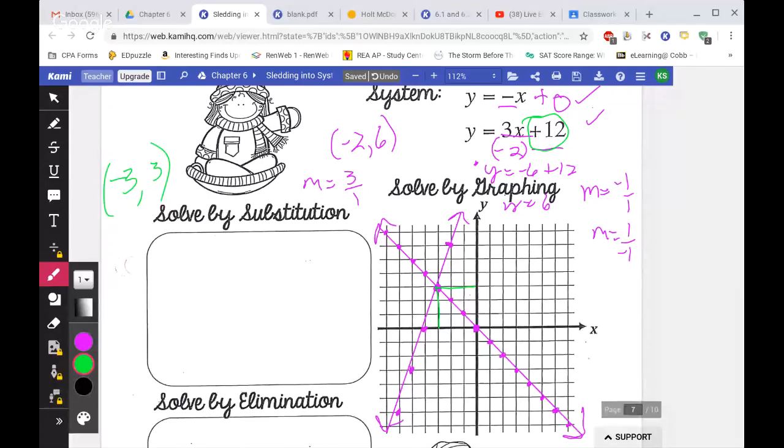So because that was off the graph here, what I want to do is pick a point on the line that I know is going to be on my graph. My x is always my independent variable. So I can plug whatever I want to into x and then solve for y.